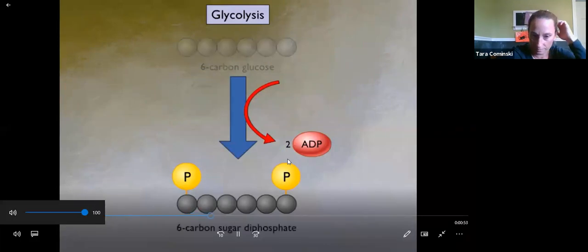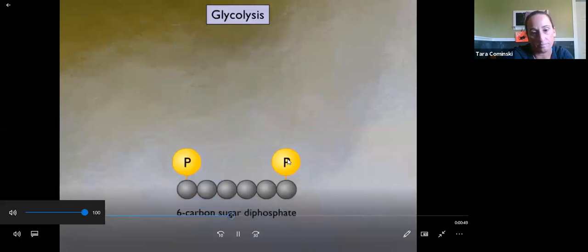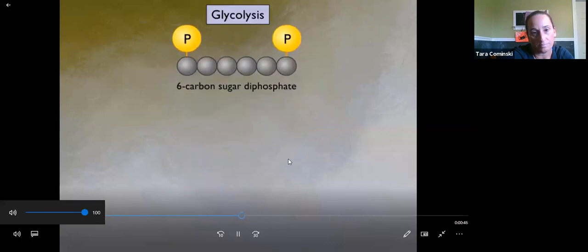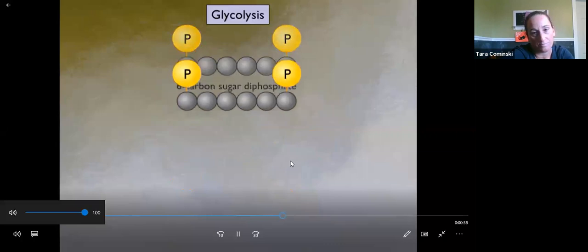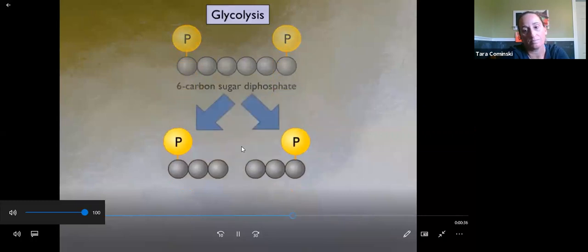The result is a 6-carbon sugar diphosphate molecule and 2 low-energy adenosine diphosphate molecules, or ADP. This 6-carbon sugar diphosphate molecule is then split into 2 3-carbon molecules.